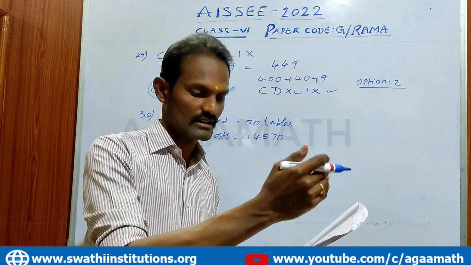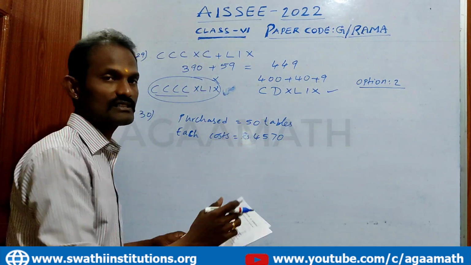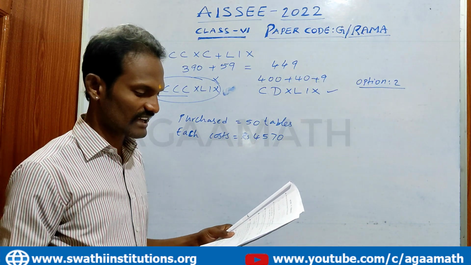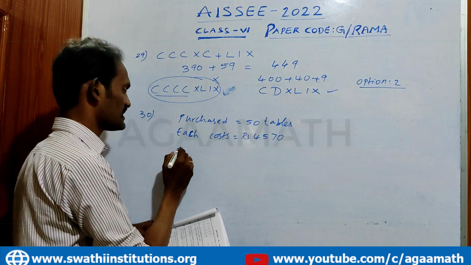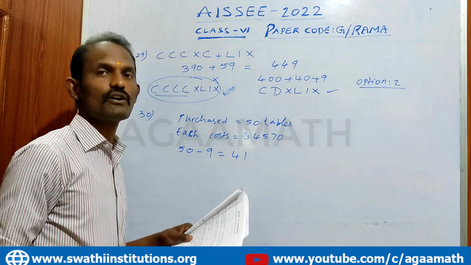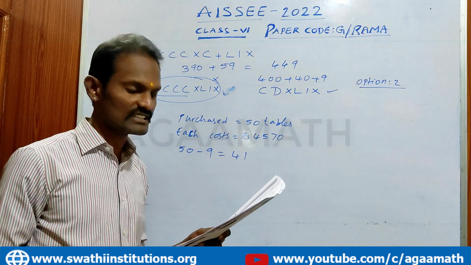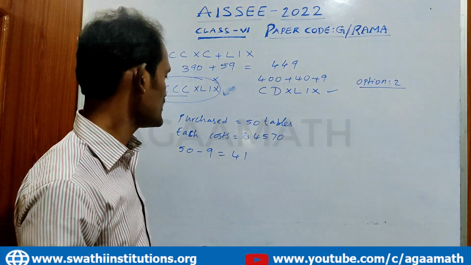Transit means when they are transporting from one place to another place. Out of 50 tables, 9 tables got damaged. That means 50 minus 9, that equals 41. So 41 tables are left. Now, he sold the remaining tables for rupees 5,000 each.